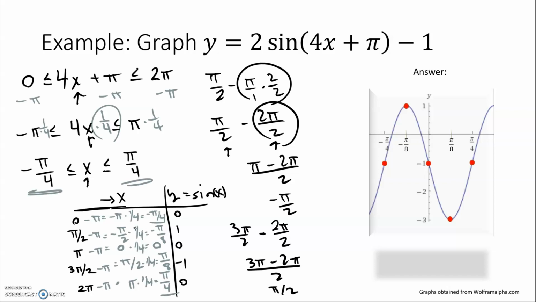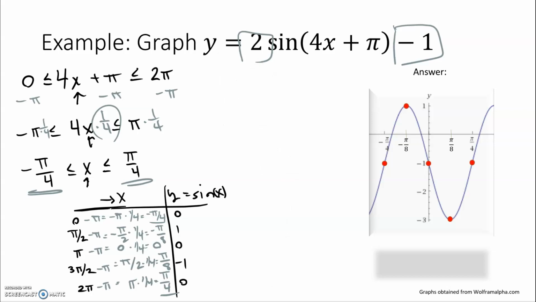Okay, so now we have two things affecting our y values. We've got amplitude and we've got vertical shift. Now amplitude, you're going to multiply each of your y values by your amplitude, but you're going to add or subtract your vertical shift. So which one do you do first?